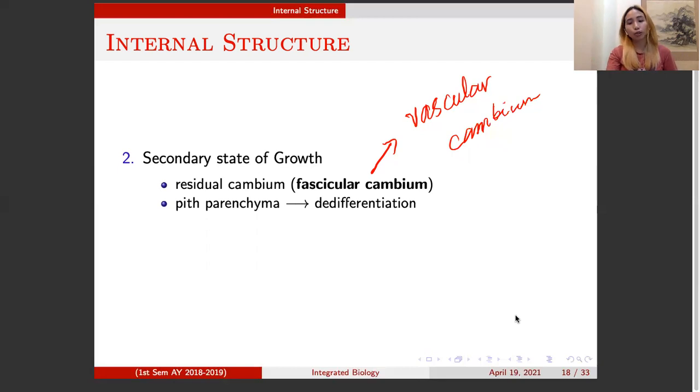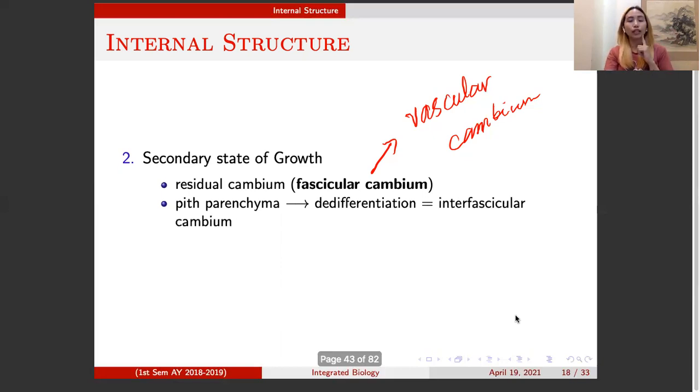And then they will start to form. So they used to be pith parenchyma, meaning they are mature and have their own function as a pith parenchyma. Then they will dedifferentiate, they lose their differentiation, they lose their function. They become meristematic in nature.